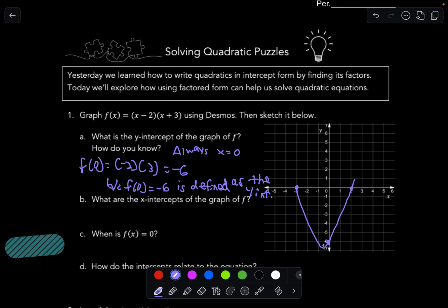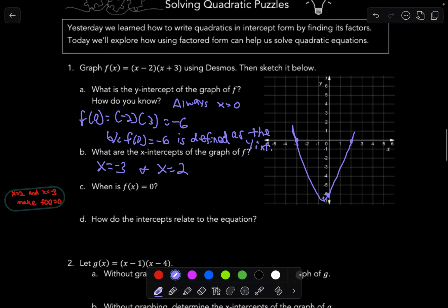Okay? What are the x-intercepts of the graph? Well, according to Desmos, they're at x equals negative 3 and x equals 2. When is the function f of x itself, not looking at the graph, but f of x equal to 0? Well, f of x equals 0 at x equals 2, because if you put 2 into this, you get 2 minus 2 is 0, and 0 times 2 plus 3 is 5. 0 times 5 equals 0.